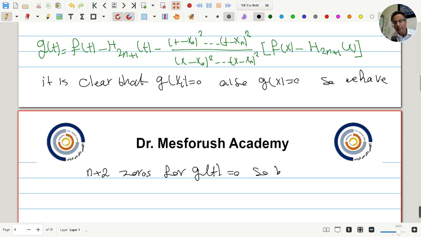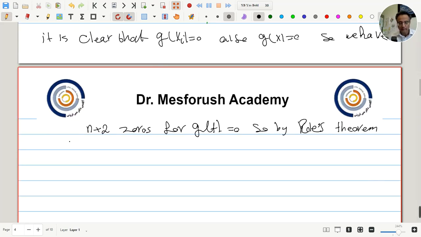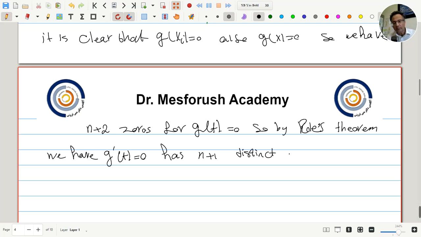Okay, so by Rolle's theorem, g prime of t equal to 0 has n plus 1 distinct zeros, c0 to cn, in the open interval of a and b.